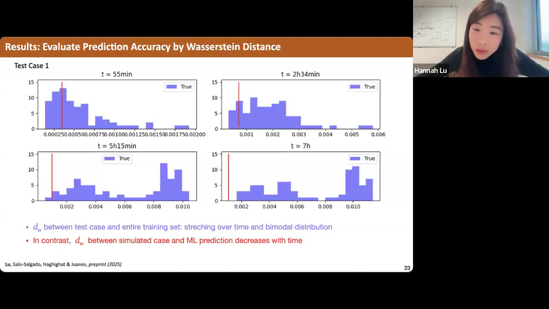We can imagine that if we use trivial interpolations like Kriging or other tools, they might do well at the beginning when the data patterns are quite similar to each other, but will definitely do worse at later times when diverse patterns appear. In contrast, our machine learning model is able to maintain the accuracy because of effective learning.